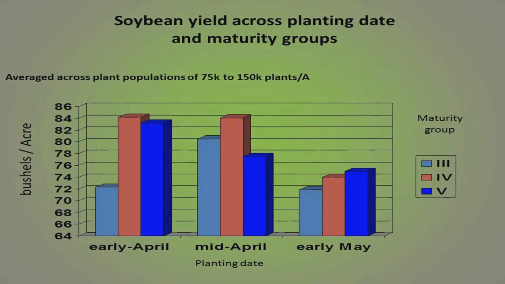But our 5s, if you look at those, the later we planted them, the greater the reduction in yield. So we want to plant them as early as we can in the window. As far as our group 4s, they were a little bit more forgiving, so early April to mid-April was probably the optimum time. But with all of them, as we moved into early May, we saw yields decrease sharply. So we need to realize that we need to plant early to optimize yields.